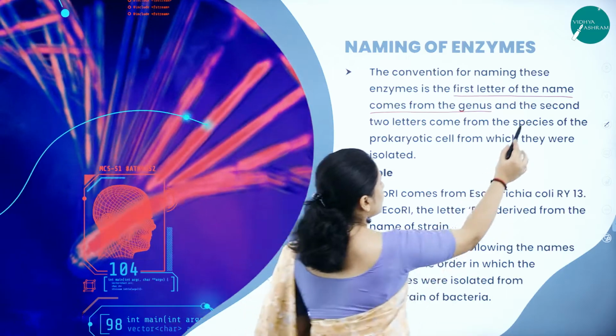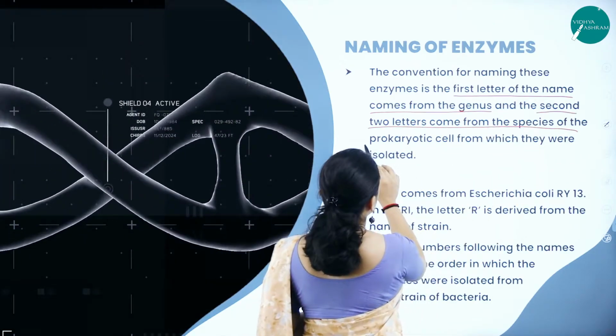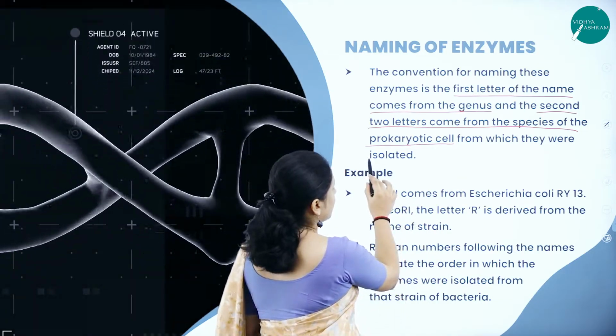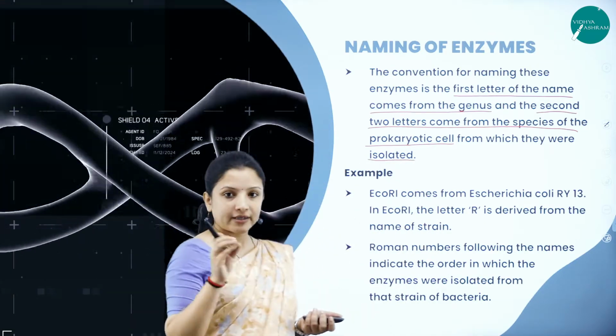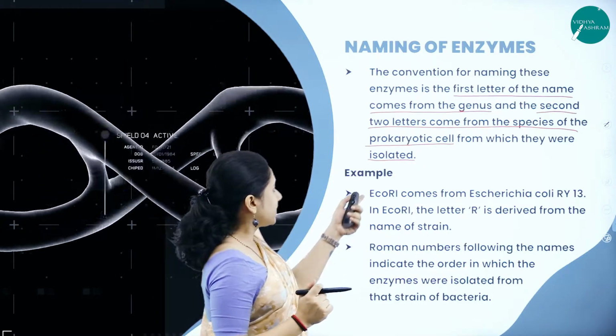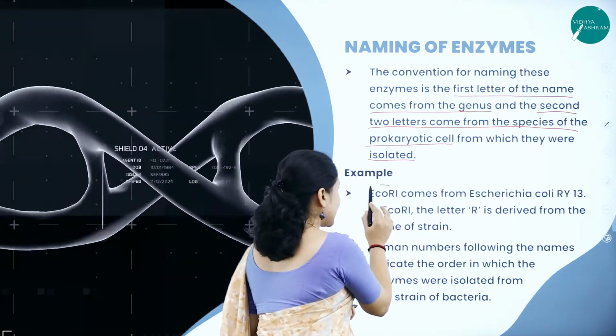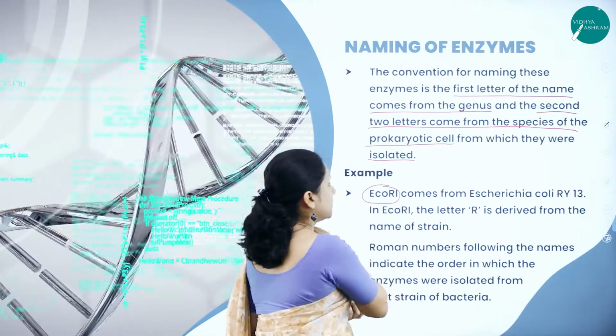And the second two letters in the name come from the species of the prokaryotic cell from which they were isolated. I'll explain it in a better way by taking an example. We'll take a restriction enzyme named EcoRI. Can you see here?